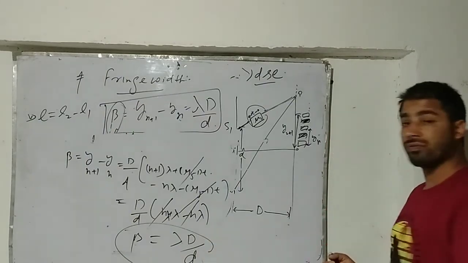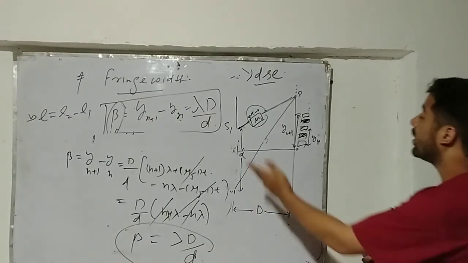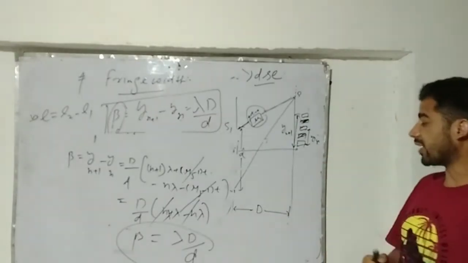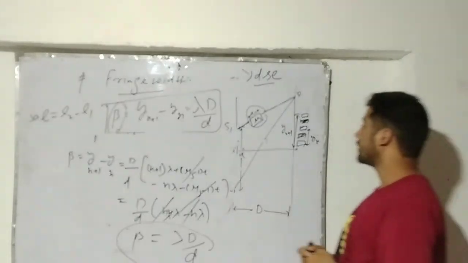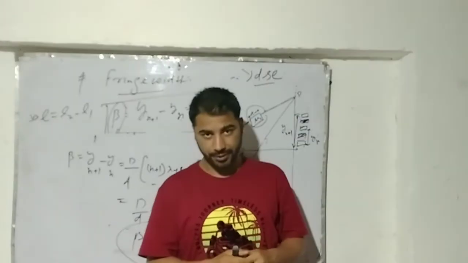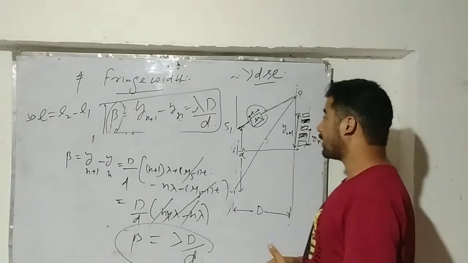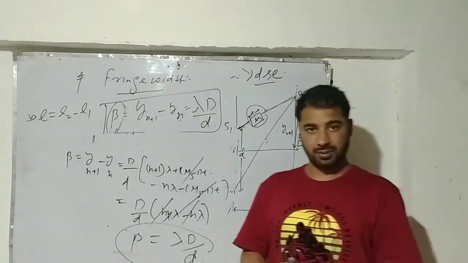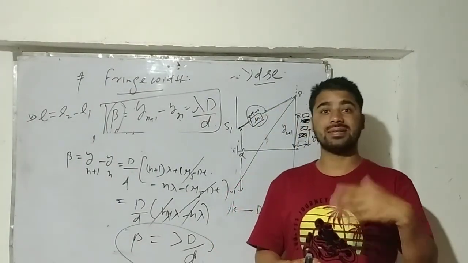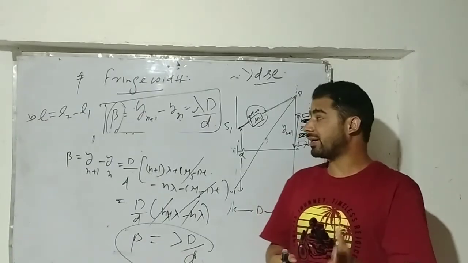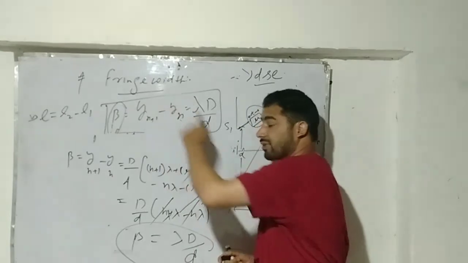The fringe width remains the same if I place the slab in front of any of the slits. But the position of the fringes is going to be changed. The position of the fringes is affected, but there is no effect on the fringe width.